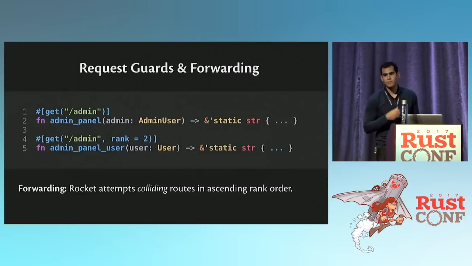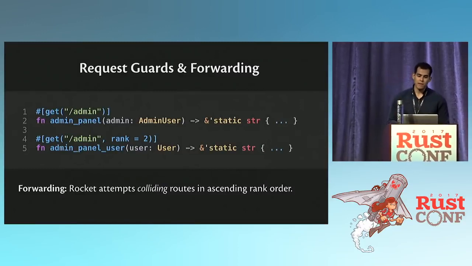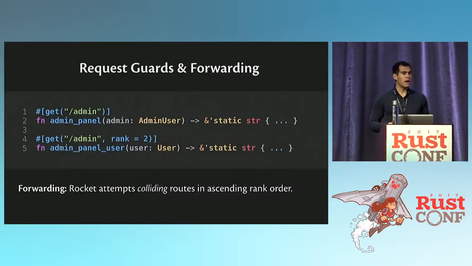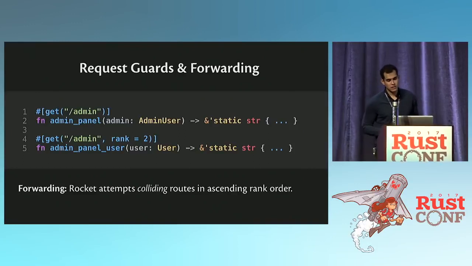OK, so you have this. What's going to happen here? Well, if you were to go to GET /admin, then Rocket will try the lowest ranked route first. That's the one with the admin user, which means you need an admin user to be validated, to be authenticated by the request. And then if that fails, Rocket will try the next ranked route, which is the one below that, which says you just need a regular user. And so what we've done here is actually implemented both authentication and authorization.